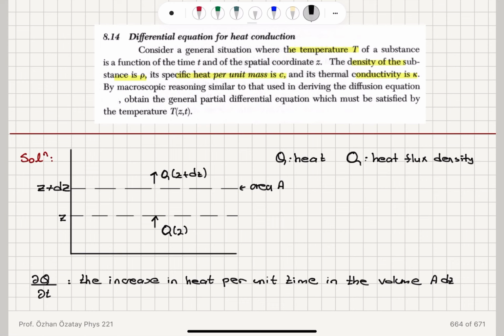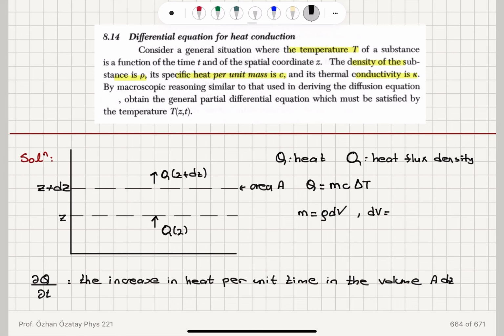Now, what is the heat transmitted? It is mass times specific heat per unit mass, C, which gives us the heat capacity, mc, multiplied by delta T. Now, what is the mass of this substance? Mass is its density ρ multiplied by the volume dV. Well, what is the volume dV?